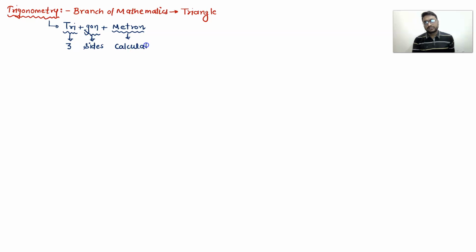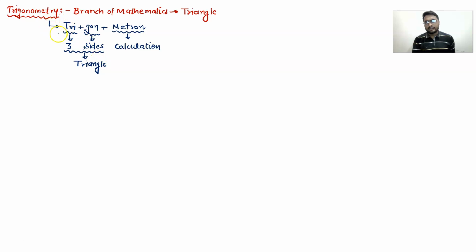So we have a geometrical figure in which we have three sides. That is only the triangle, right? So what it concludes: a branch of mathematics in which we calculate the triangles is known to be trigonometry.